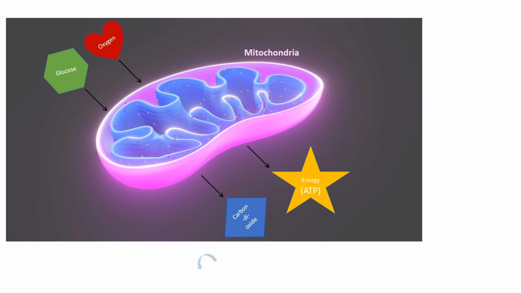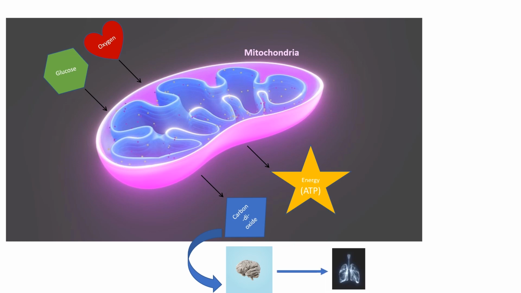Our body has a system to sense that, especially the brain. The brain is very sensitive to the amount of carbon dioxide in the blood. So it stimulates the respiratory center in the brain. What's the name of the respiratory center? Medulla oblongata, right? That's the respiratory center. So it directly stimulates the lungs to breathe faster, to get rid of the carbon dioxide and to take in more oxygen.